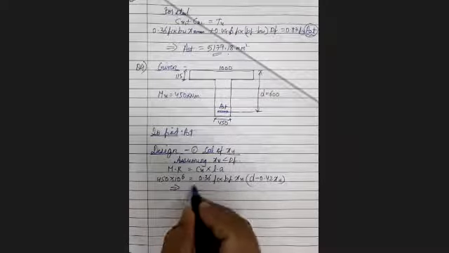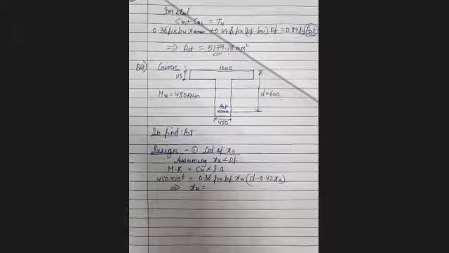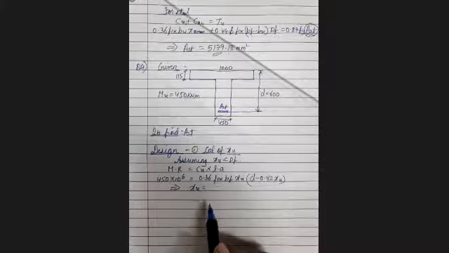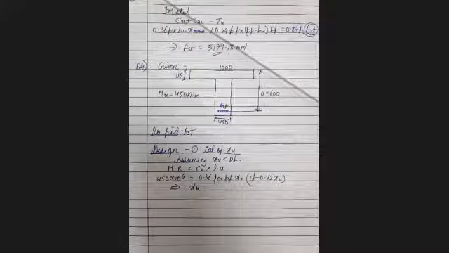So now give me the value of XU quickly. So once you get the value of XU, then you can find out the reinforcement.